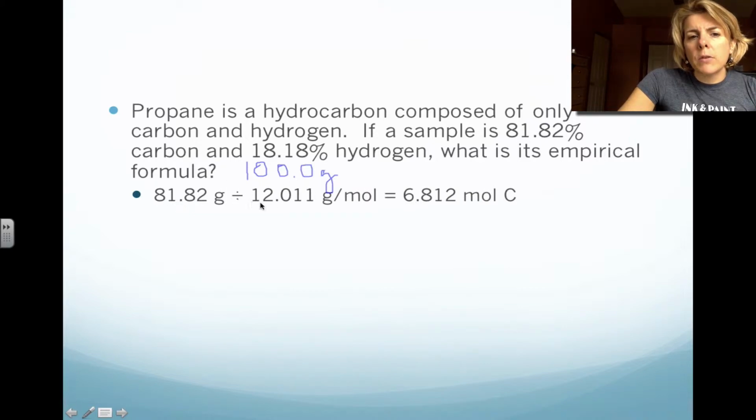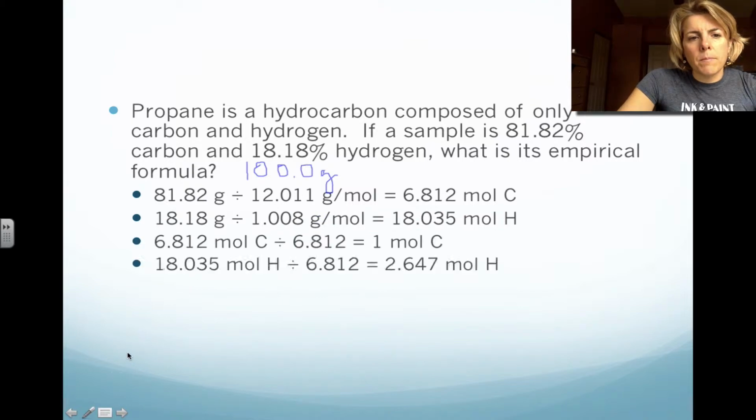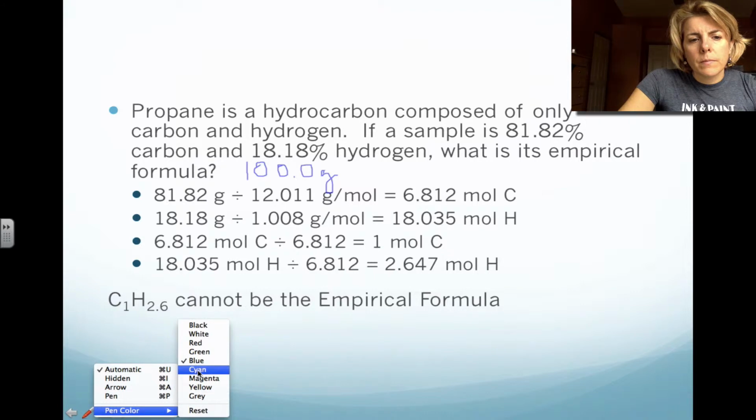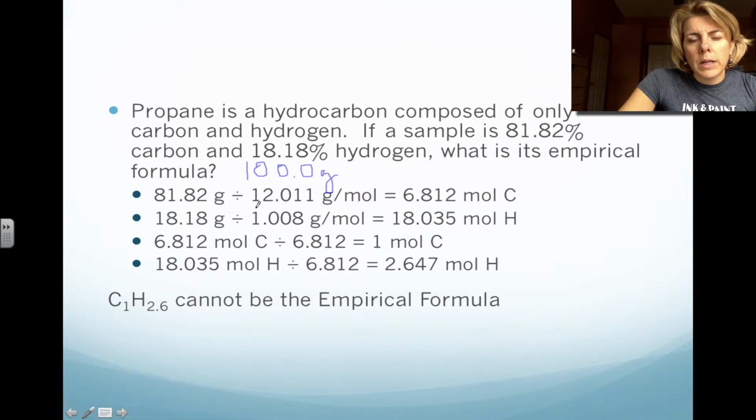Now, you want to calculate the molar mass of each atom. And when you do that, you're essentially taking the mass of the compound for that atom divided by the molar mass, and that gives you the moles of carbon or the moles of hydrogen.